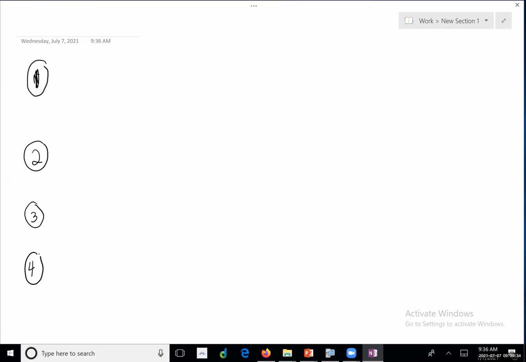I want you to write these 4 steps anytime you are dealing with testing hypothesis from now on until the end of the semester. Step 1, writing null hypothesis, alternative hypothesis.